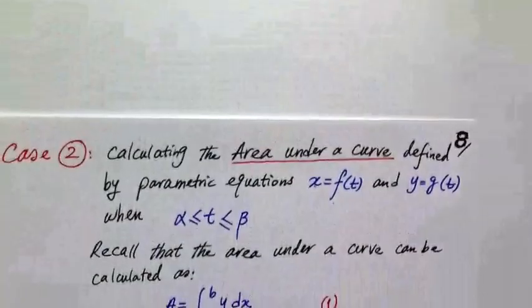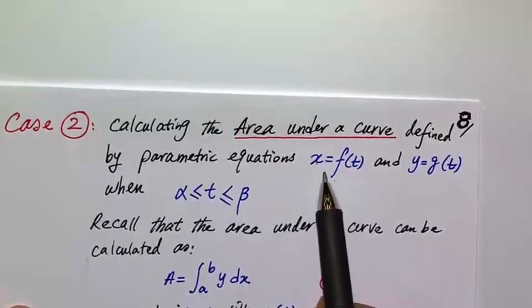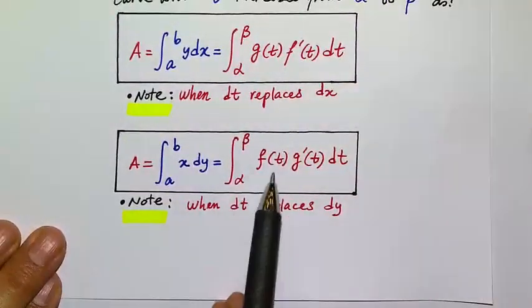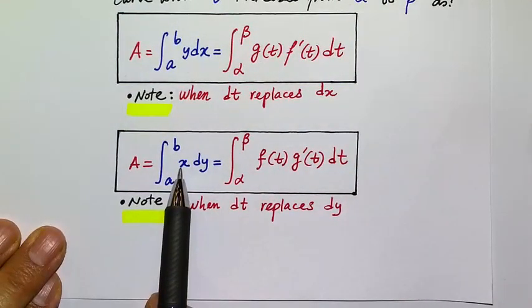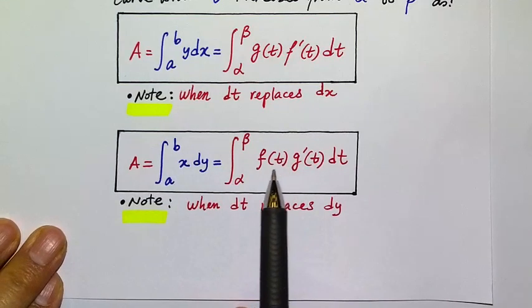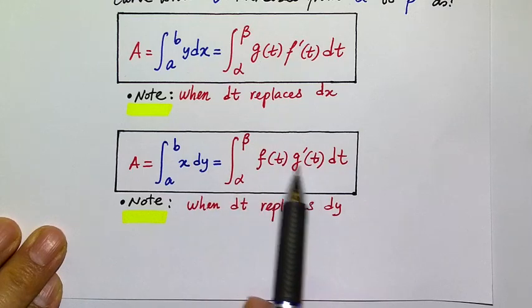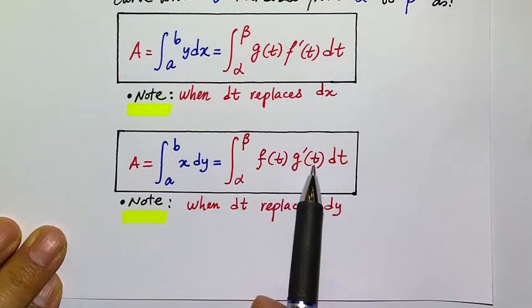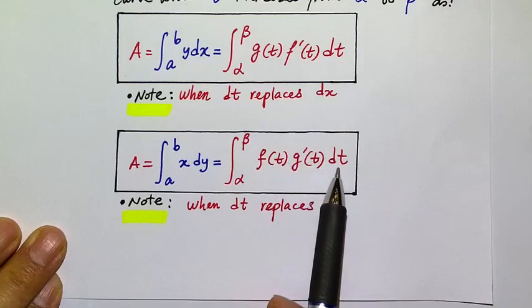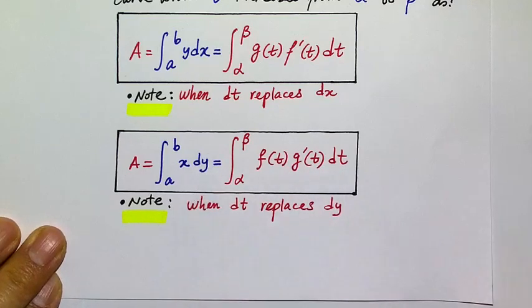We can do that because x is equal to f of t, right? And then we take the derivative of the function that represents y with respect to t, and that derivative dt replaces dy.